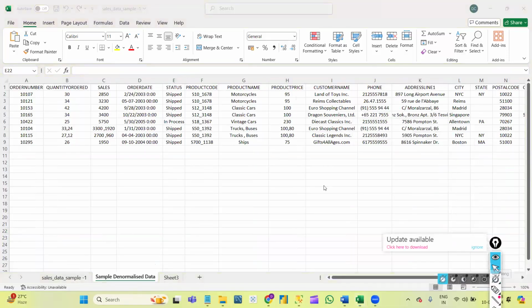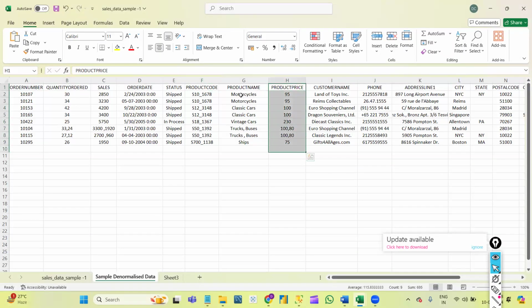Now let's first see the column names we have here. This is order number. Basically, this is sales data. We have order number, quantity ordered, sales, order date, and status of that order, whether it is shipped, in progress, like that. Then product code, product name, product price. This is the product price for motorcycles.